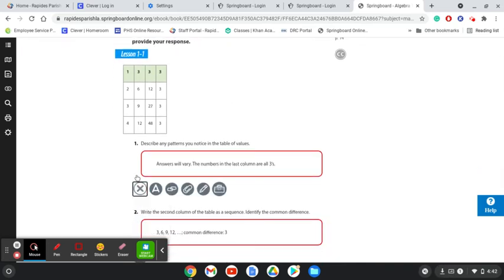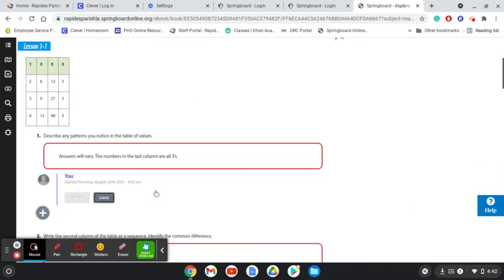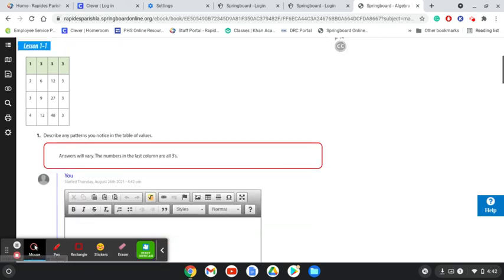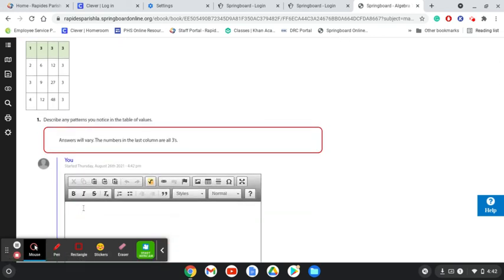Okay, so looking at the tables, the first thing that we see is column 1 increases by 1, right? We'll see column 2 increases by 3.